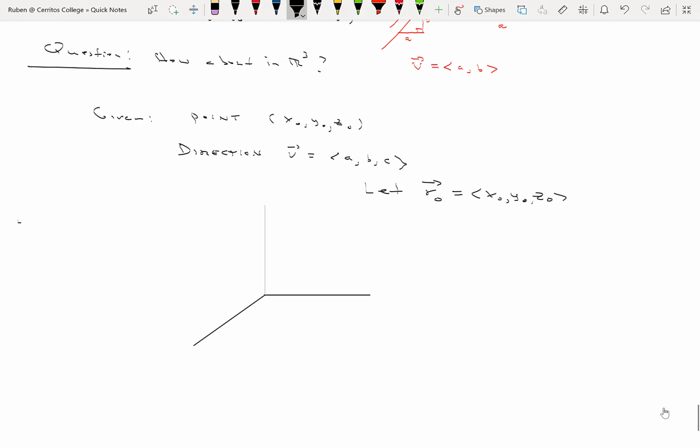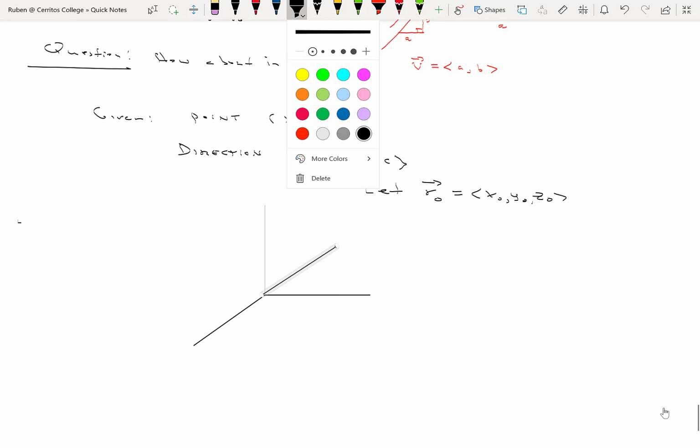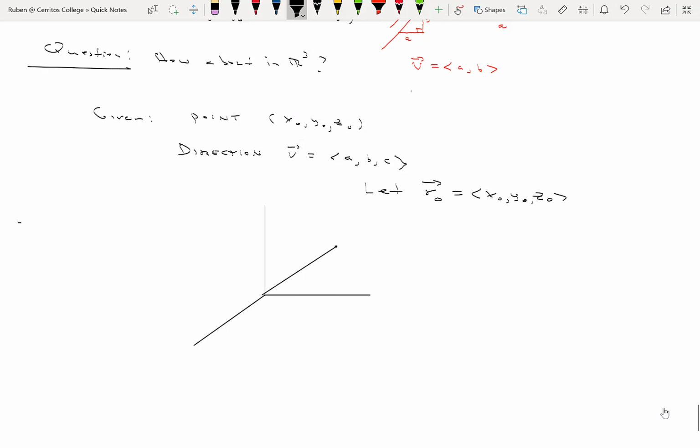So here's r naught as a position vector. It needs a little arrow at the end, so I'll make it a little bigger. So here's r naught, and the tip of r naught is right at the point x naught, y naught, z naught.